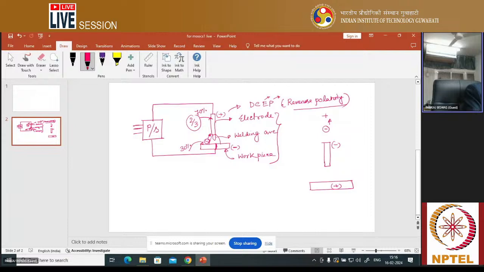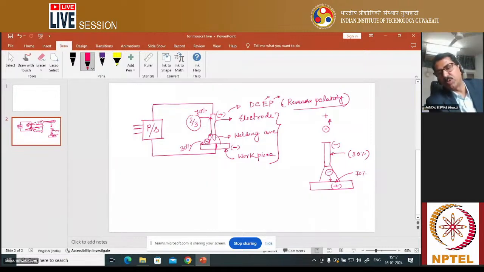Then whatever electrons are in this arc region will be attracted to this positive terminal. So only then will electron bombardment take place. In this case around 70% of the heat is generated in the workpiece, and in the electrode generally 30%, that means around one third.